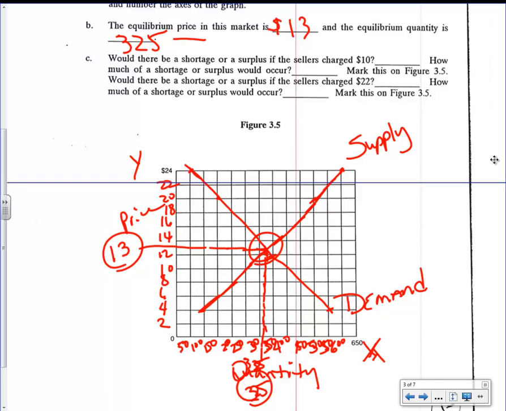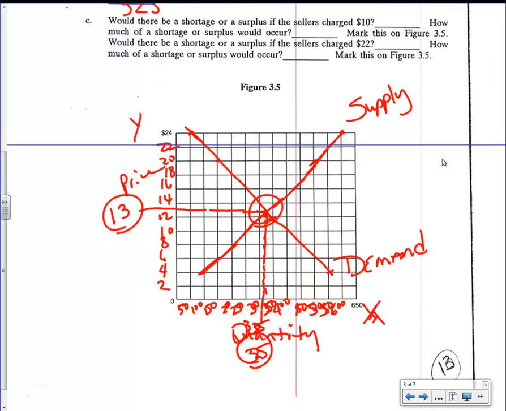Next item says, if we charge $10, this is below the equilibrium price. So if we charge $10, I'm going to draw this across at $10. Quantity supplied at $10 is going to be 250.